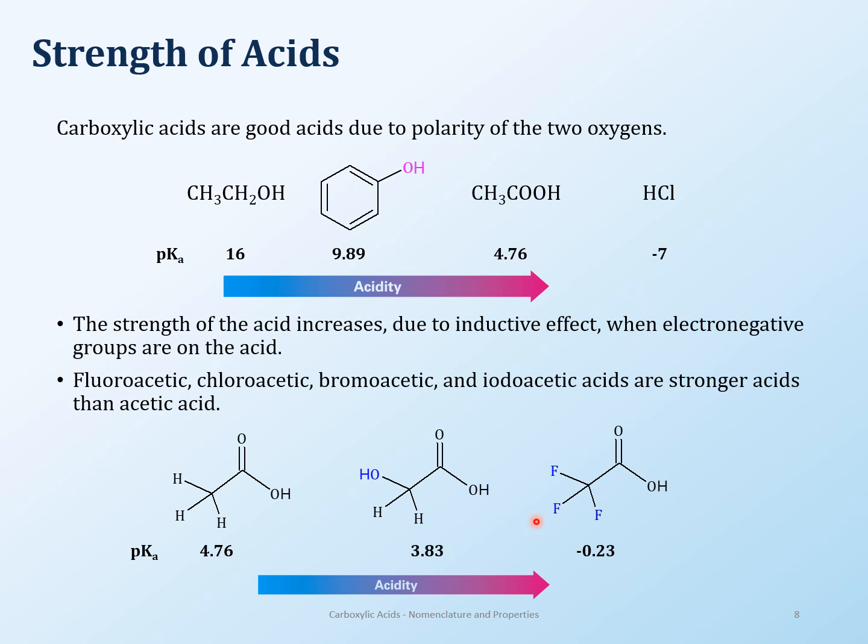This is trifluoroacetic acid, and it is one of the very strong acids in organics. So if in some cases you don't want to use a mineral acid, you can easily use trifluoroacetic acid, also called TFA, for your reactions, because it's organic, so it will mix easily with organics, rather than a mineral acid which needs water.